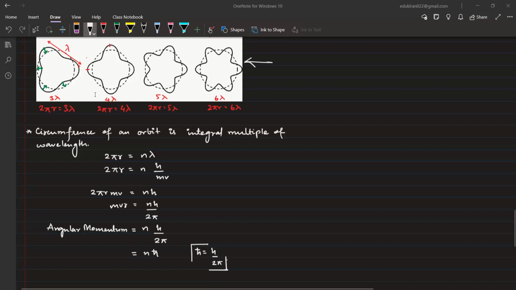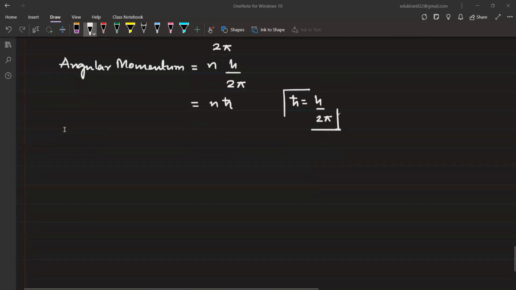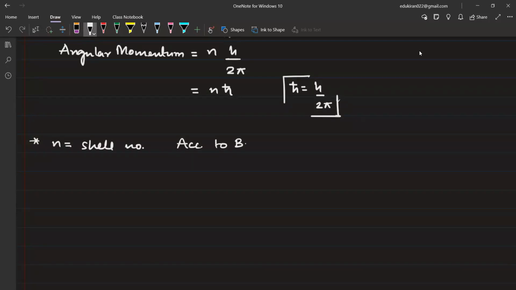Okay, so I hope everyone is done by now. Now, what is this n here? So according to de Broglie, sorry, first of all, according to Bohr, n is equal to shell number or orbit number, this is according to Bohr. And n is equal to number of waves, this is according to de Broglie.